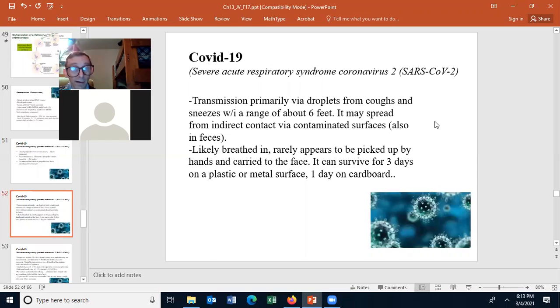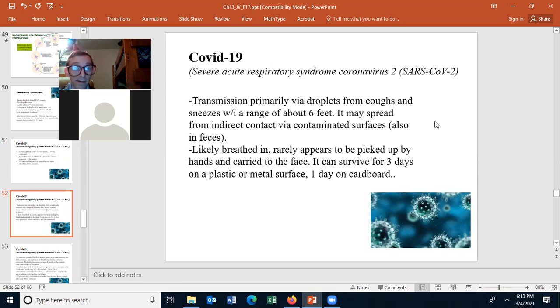It can spread also from indirect contact, meaning somebody sneezes. Let's say somebody sneezes in the store on, what's something you grab onto? A can of soup. And then later on somebody comes and they touch that can of soup. You can get it from indirect contact, as I stated.